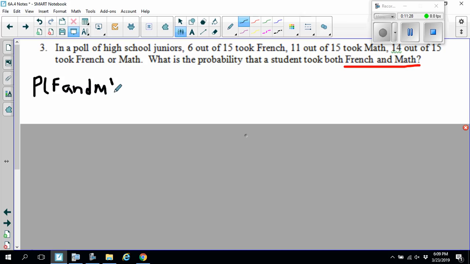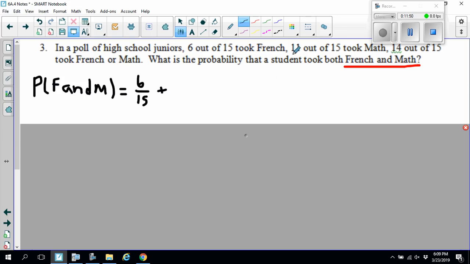Very simple there. So in order to calculate this intersection, we need to find first the probability of just French. Well, they tell us in this little sentence here that 6 out of 15 took it. So we're going to do 6 out of 15. Then we're going to add it to the probability of those that took math.